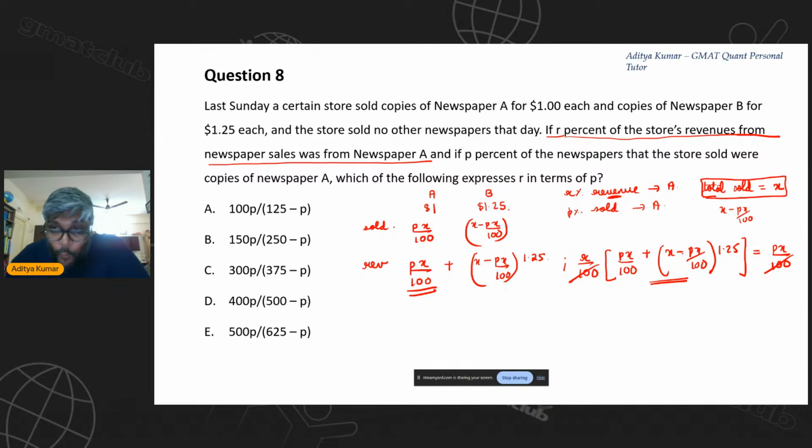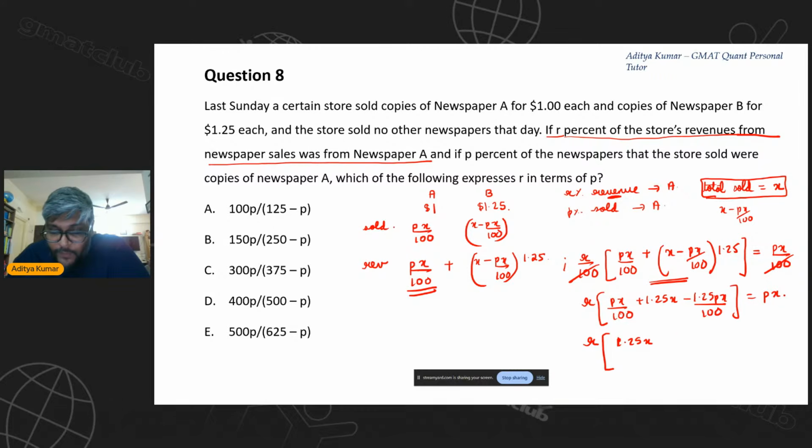I can open this up if I want, right? So R times Px by 100 plus 1.25x minus 1.25 Px by 100 is equal to Px. Right? So what can I do further? R into Px by 100, that's 1.25x.